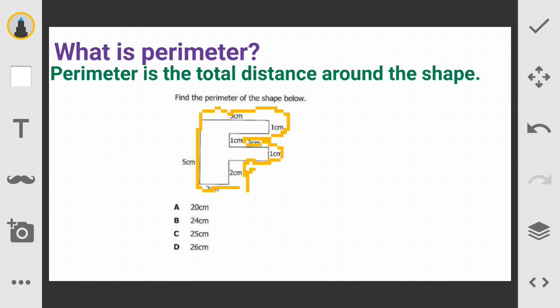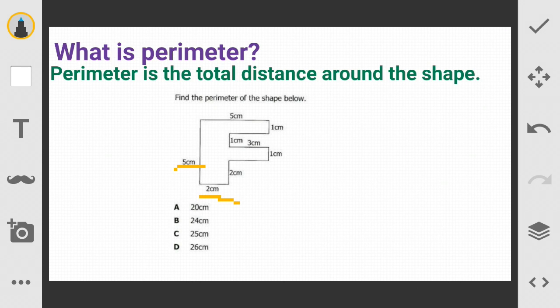What I'm trying to say is, if you start on the bottom here, you add this 2 centimeter to this 5 centimeter.